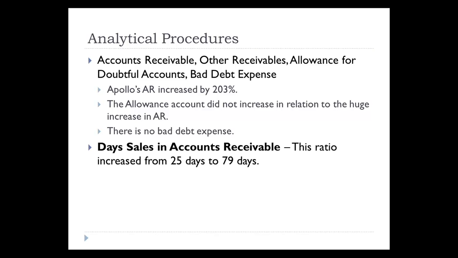We suspect there are problems with this estimate called the allowance for doubtful accounts, because receivables have increased, sales are not increasing in the same direction, and yet they've only written off one account. So that's what makes it qualitatively material.